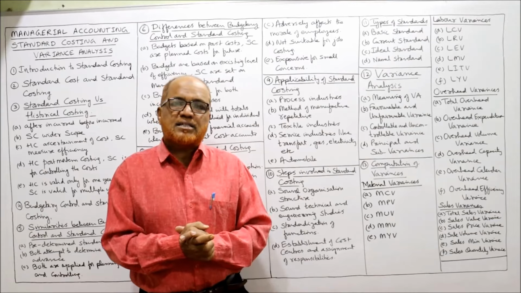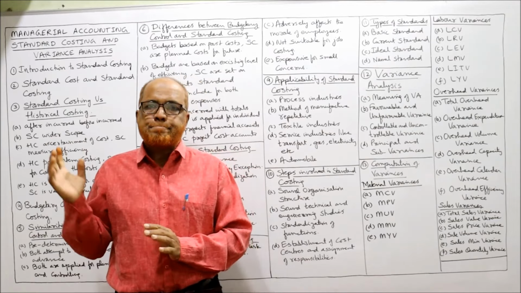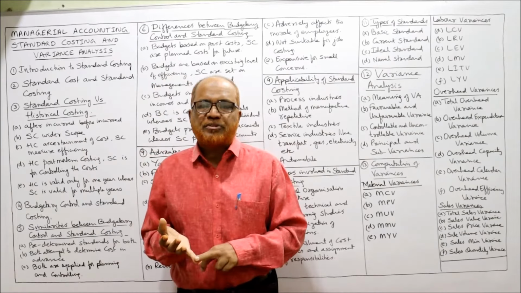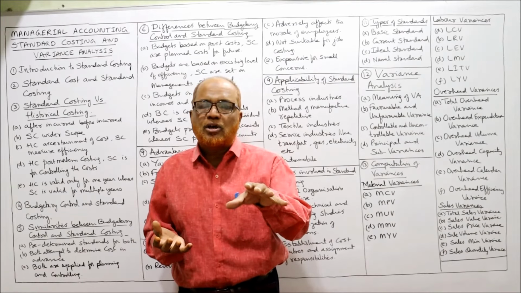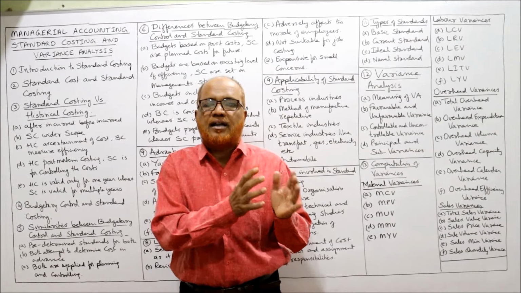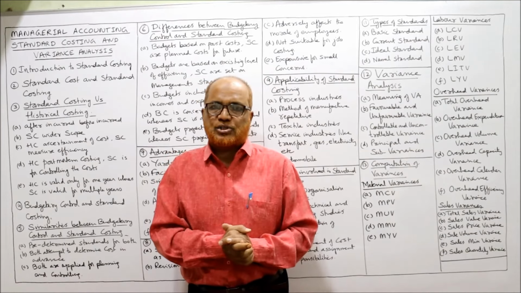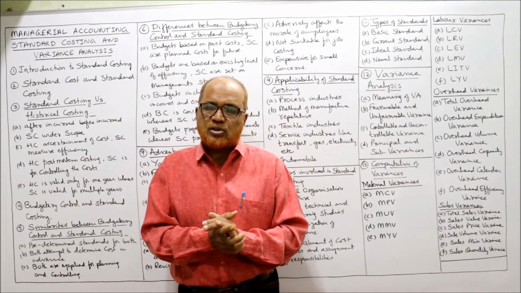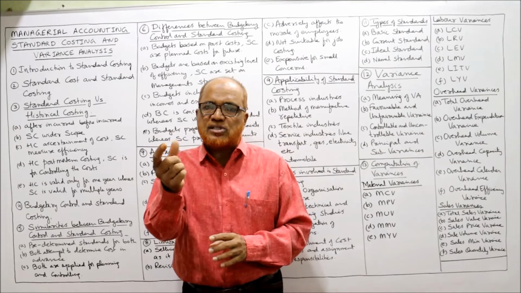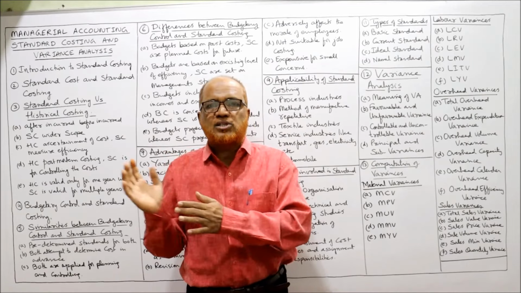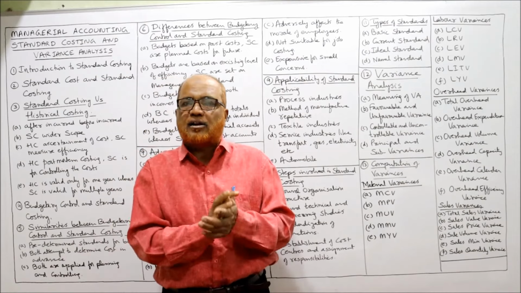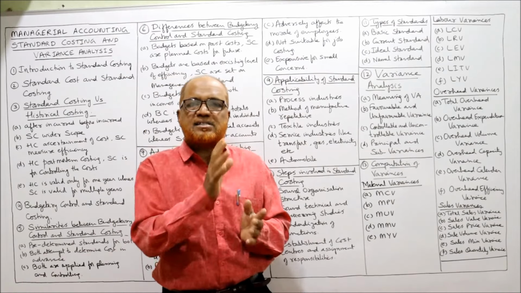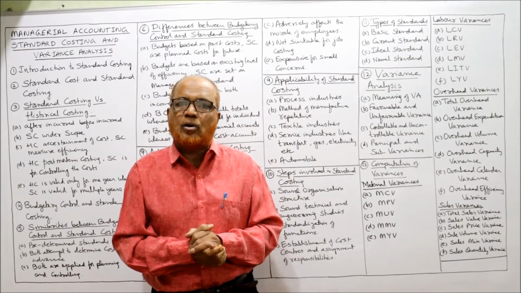So I have completed the topics on meaning of standard cost. It's a predetermined cost based on some technical estimate on the current, prescribed working conditions. That is called standard costing. Estimating the standard cost and implementing the standard cost is called standard costing. The technique of ascertaining standard cost and implementing standard cost is called standard costing.